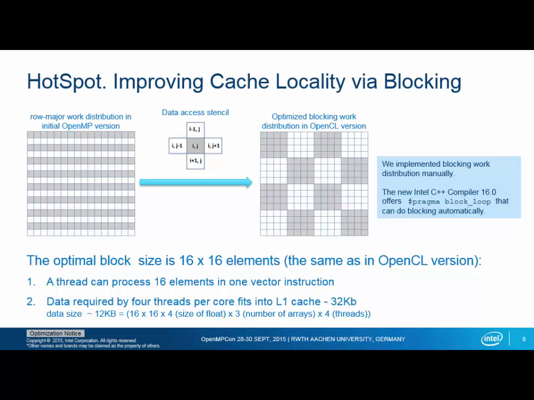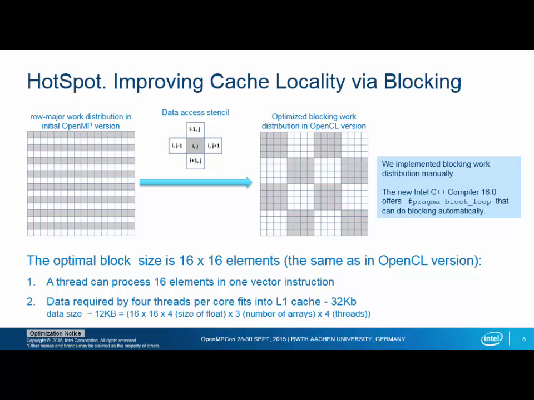But anyway, we did it by ourselves, and we selected the block size during an experiment and found that 16 is the optimal block size. And we think that there could be two reasons for that. The first one is that the length of the vector register on the Xeon Phi can process 16 elements. Another point is the data size required for one chunk, and with such a block size, it exactly fits in the L1 cache.